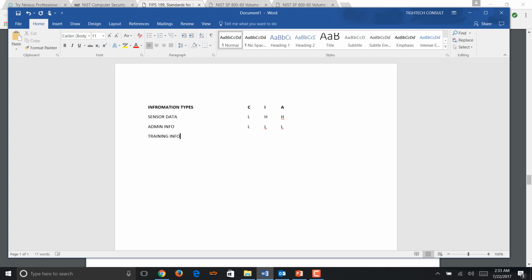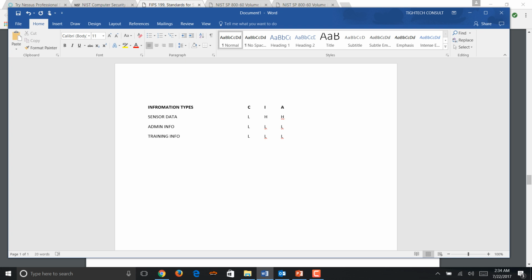And the training info, let's categorize it as low for loss of confidentiality, low for loss of integrity, low for loss of availability. So here, according to the first step of categorization, we have identified the information types, which is the sensor data, administrative information, training information. That is the first thing we do.